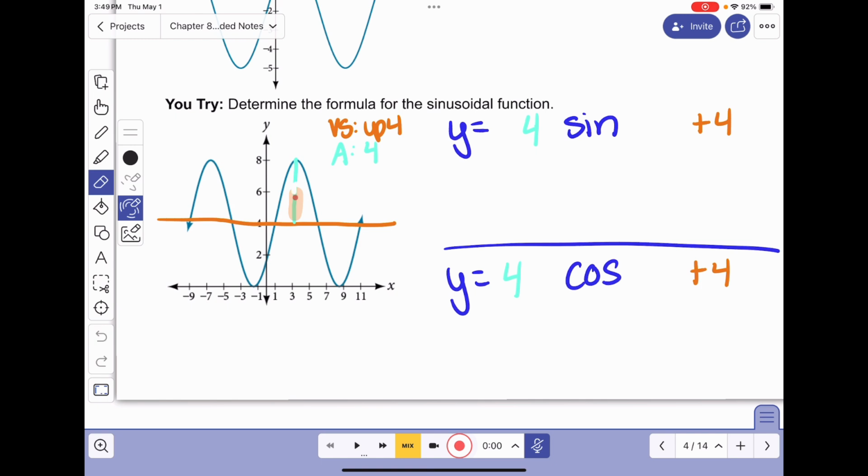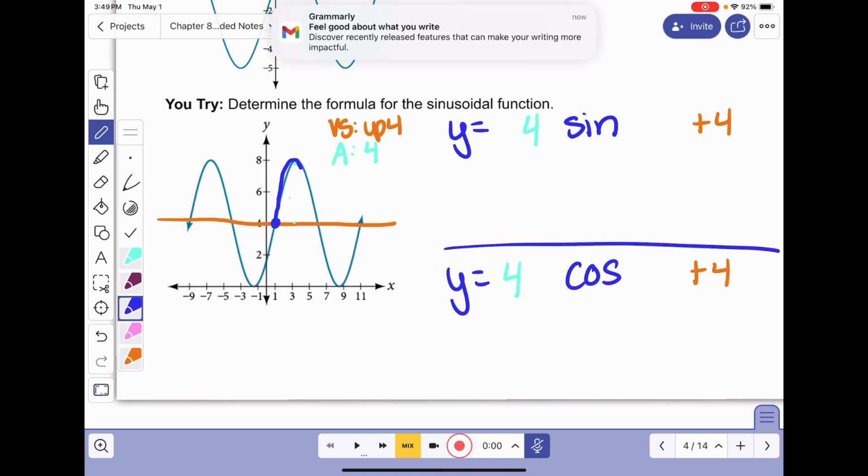Now, we're going to look at the differences. And it all depends on where you highlight. So if I do the sine, I'm going to highlight this part. That's going to be my sine curve. So now we went up first, so my amplitude can stay positive. Now we need to do the period.